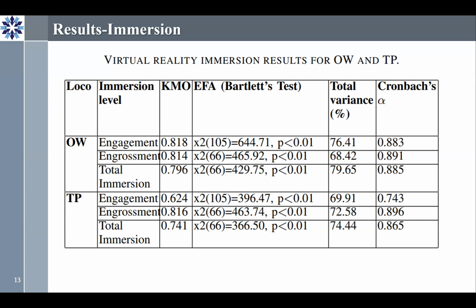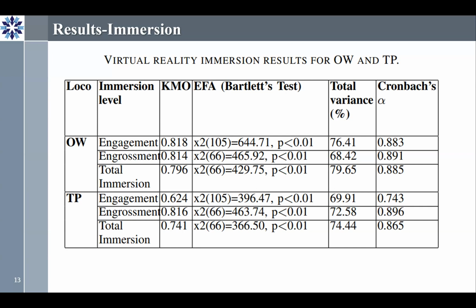As a result of exploratory factor analysis, it was determined that the total immersion level consisting of 12 items had a three-factor structure for omnidirectional walking. These three factors explained 79.65% of the total variance.